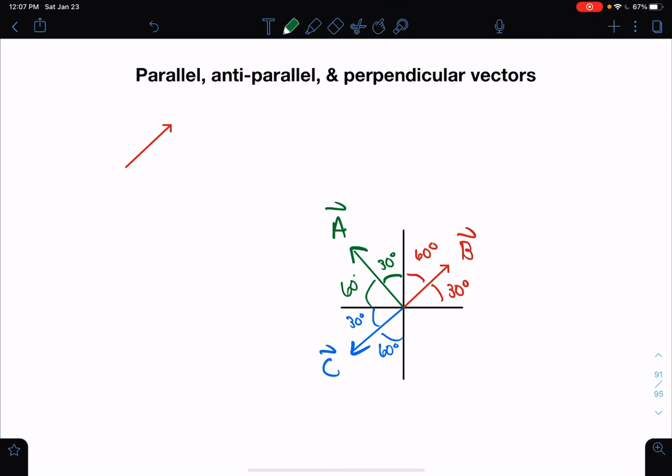So there are some patterns to notice here. First off, the perpendicular vectors can't be in the same quadrant as my given vector. They have to be in one of the neighboring quadrants. Can't be in the opposite quadrant. It has to be in one of the neighboring quadrants.